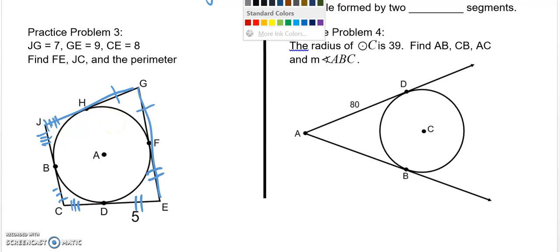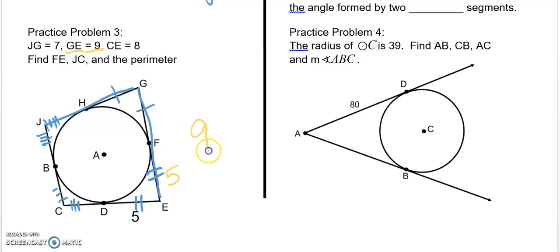So now we just need to work backwards. If this is 5, this part has to be 5. From our information here, GE is 9. So this whole thing's 9, CE is 8, and GJ is 7. So this part's 5 because this is 5. If this is all 9, this has to be 4. This has to be 4 because that's 4. If that's all 7, this has to be 3.